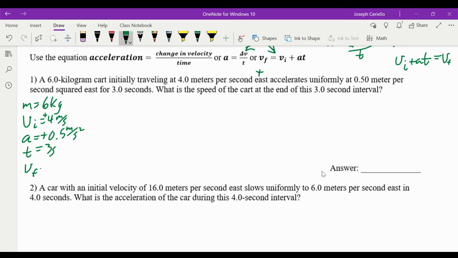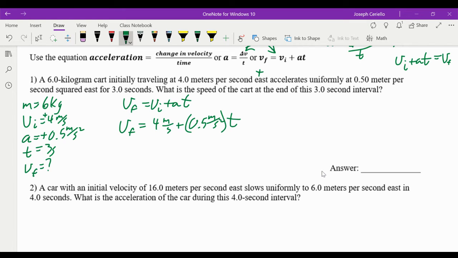So for V final. All right, so since we're looking for V final, I'll use this one here, VF equals VI plus AT. VF equals, so substitute with units first. You got to write the equation, substitute with units. 4 meters per second plus A, which is 0.5 meters per second squared, times T, all right.